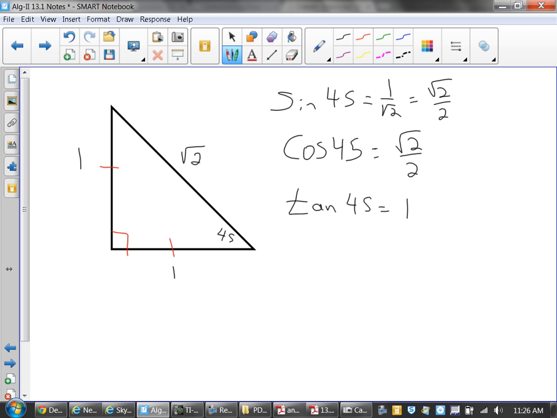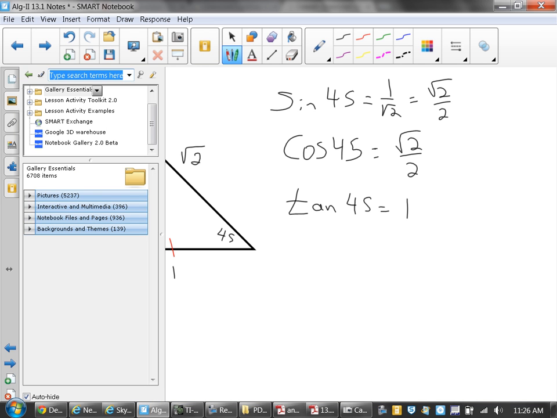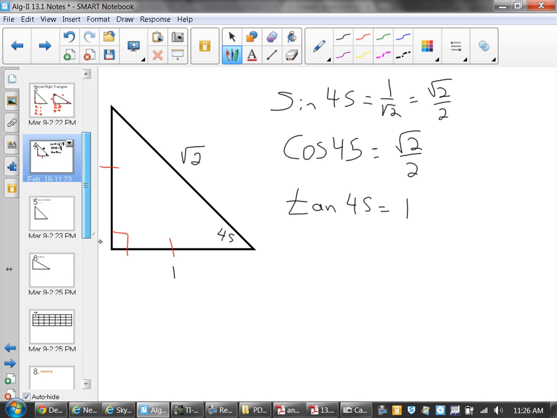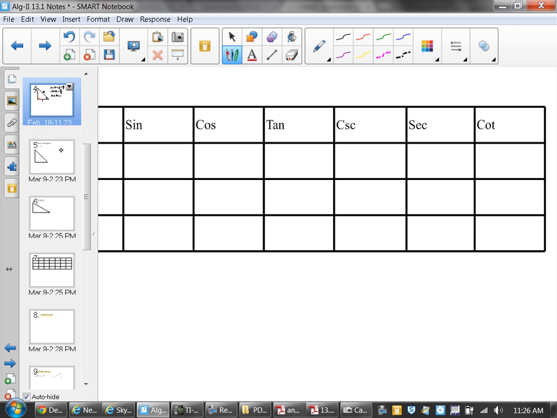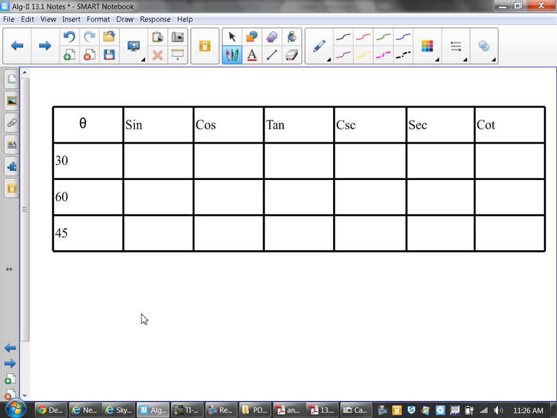1 over root 2. Let's do this. So with the 45, we said it was 1 over root 2, which became root 2 over 2. This is root 2 over 2. This was 1. Aren't the inverses just flipping the fractions? Yeah. Okay.